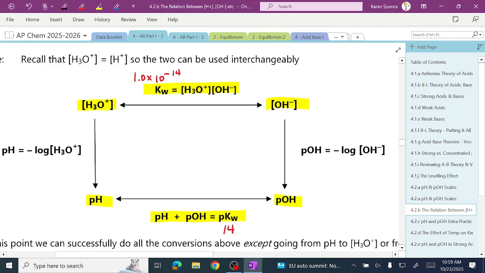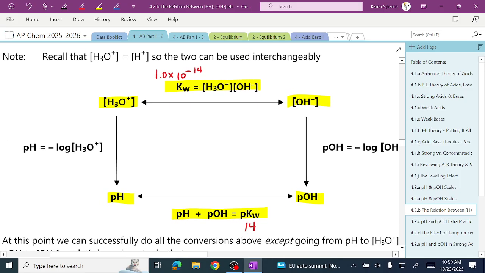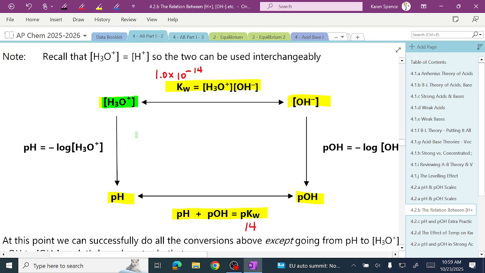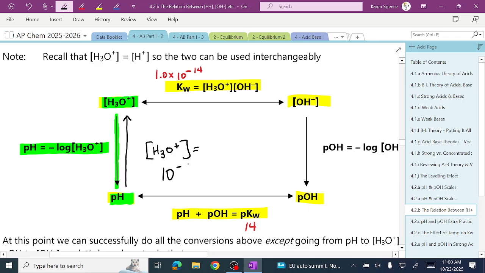We can go from hydronium to pH using negative log of hydrogen. How do we go backwards? Yeah, concentration of H3O plus is 10 to the negative pH. I've not left myself much room in there.